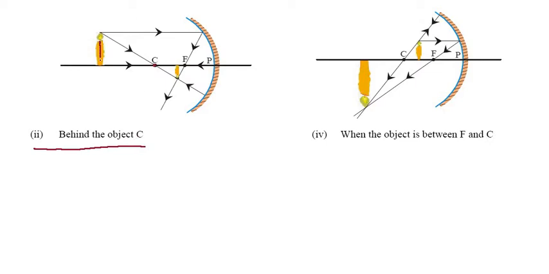When a ray comes parallel, after reflection it passes through the focus, and when a ray passes through the center of curvature, after reflection it comes back along its origin path. They intersect here, so it forms an image. The object is AB, and the image is called A dash B dash.